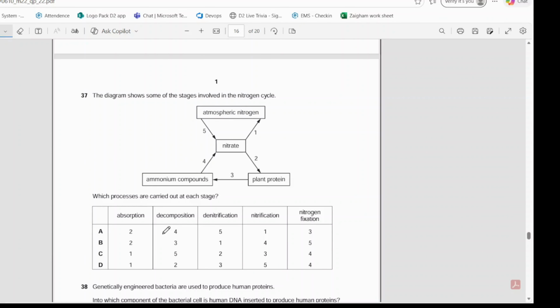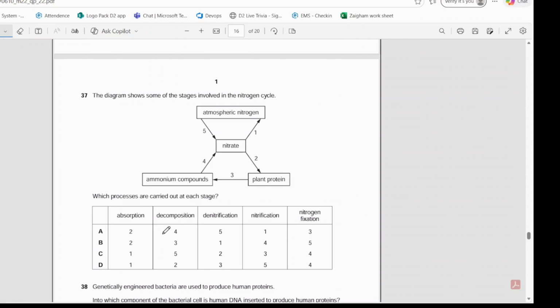Okay. 37. There are some stages of the nitrogen cycle. Which processes are carried out at each step? Atmospheric nitrogen to nitrate is nitrogen fixation. Nitrification. Nitrification is also over there. Then plant protein into ammonium compound. This is deamination. Is deamination given?